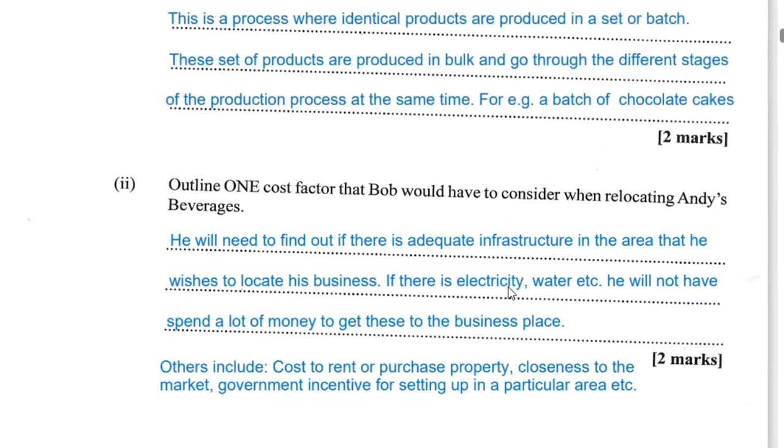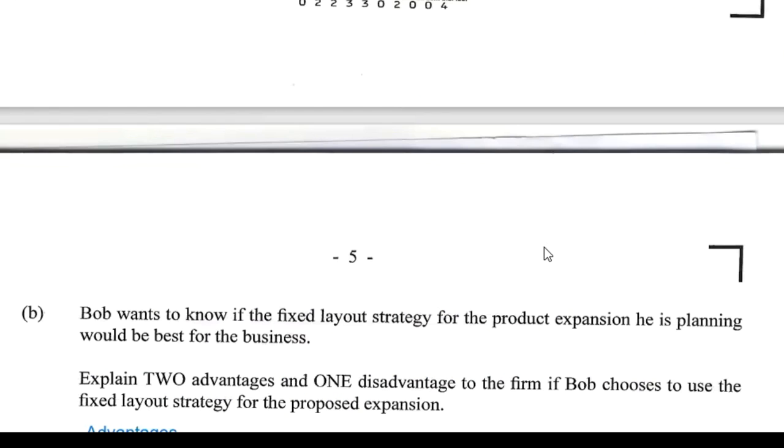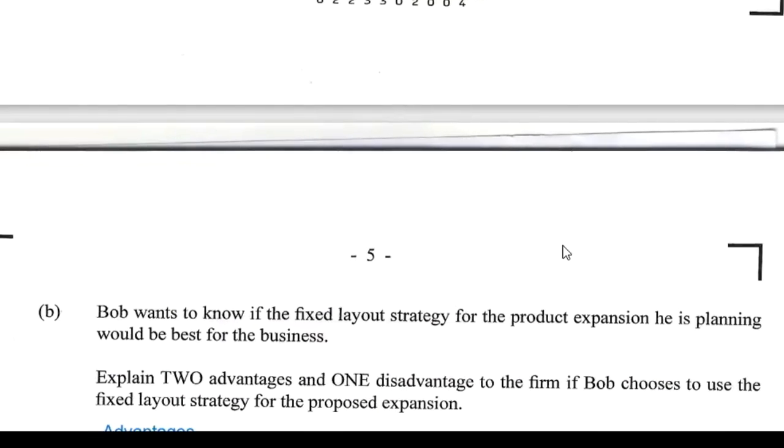All right. Let's look at the next question. Bob wants to know if the fixed layout strategy for the product expansion he is planning would be best for the business. Explain 2 advantages and 1 disadvantage to the firm if Bob chooses to use the fixed layout strategy for the proposed venture. Take a few seconds.